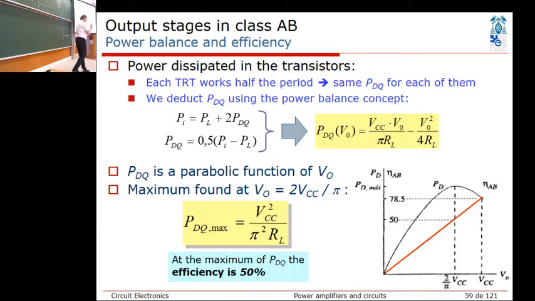So when you're designing this system, you always design it for the worst case scenario. If you know that you have only sinusoidal signals, then you basically run for the worst case in average power. And that's the worst case in average power when this output signal is 2 over pi times VCC. Okay, so let's put it the other way.